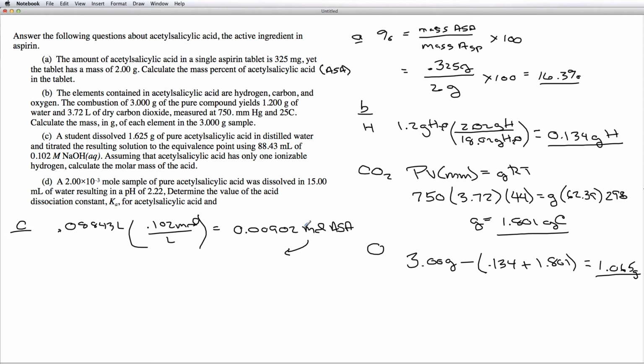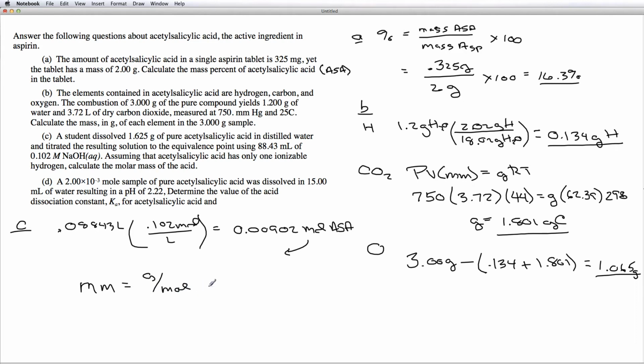Now we're going to find the molecular mass. We know, or we should know, that molecular mass is equal to grams divided by moles.